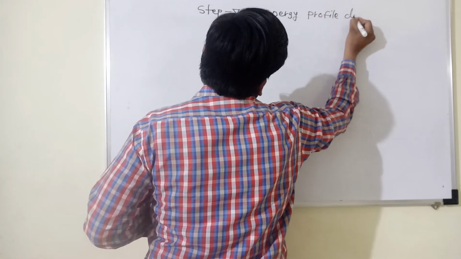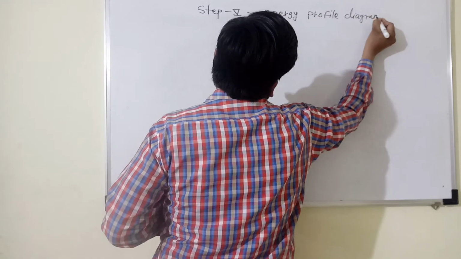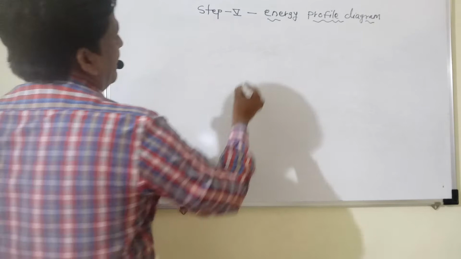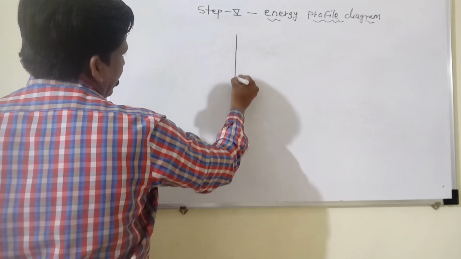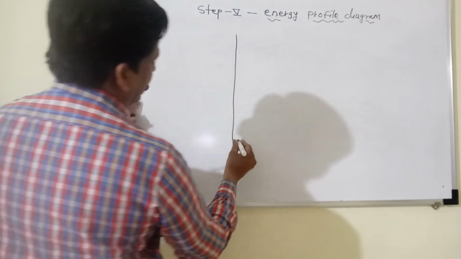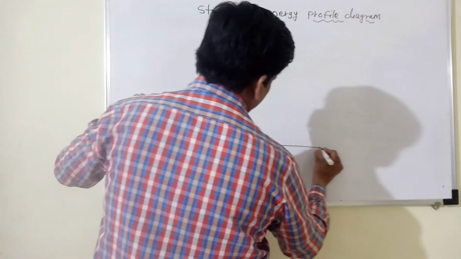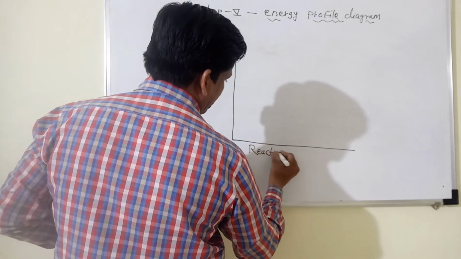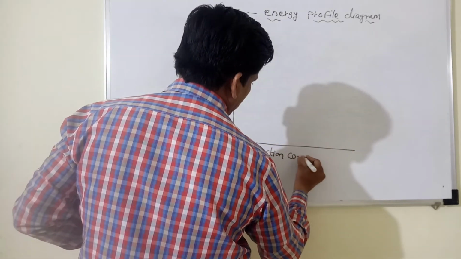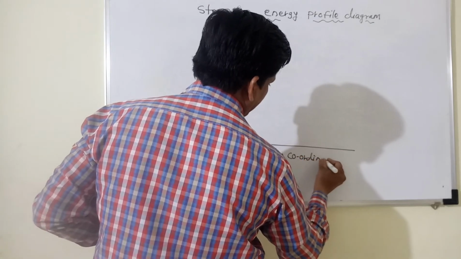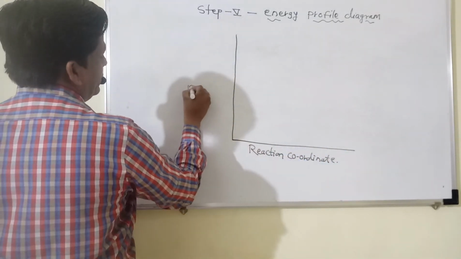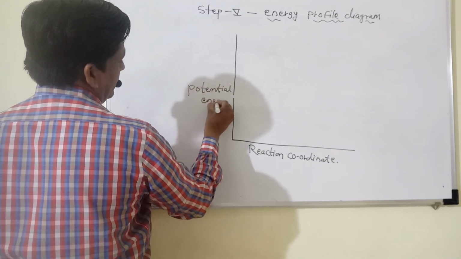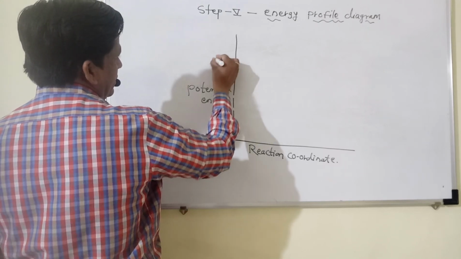The graph of reaction coordinate versus potential energy we can draw like this. This is the reaction coordinate, versus potential energy. This will be the graph.